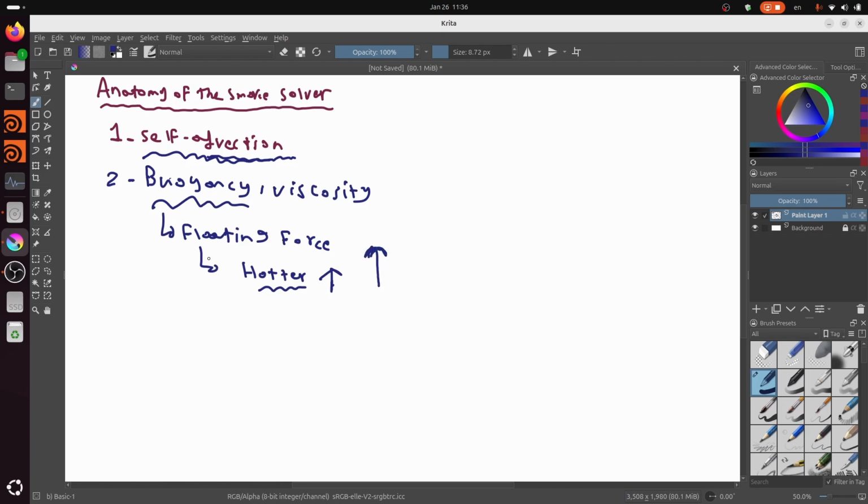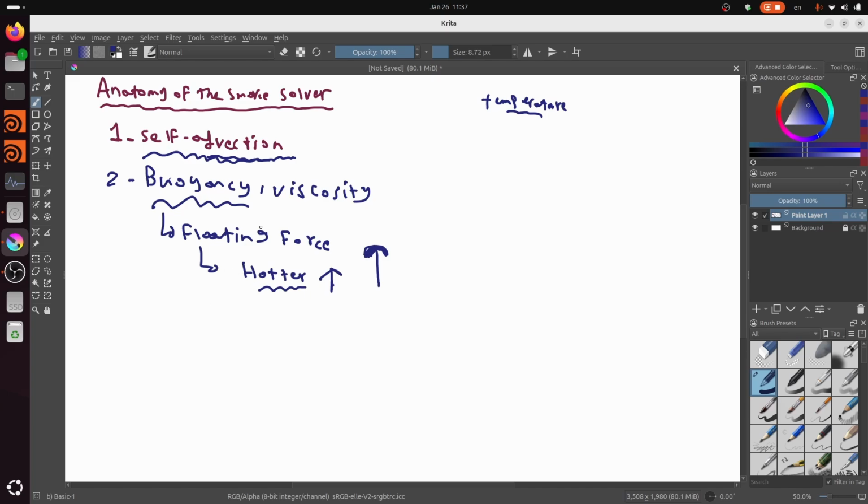And we achieve the buoyancy force in Houdini by using the gas buoyancy node. This buoyancy just goes upward in the opposite direction of the gravity. When you create a temperature field, as we said, this temperature field is going to be used by this buoyancy force to make your smoke float upward.